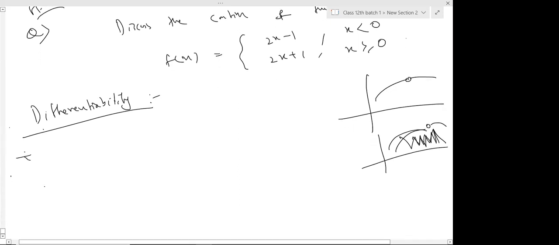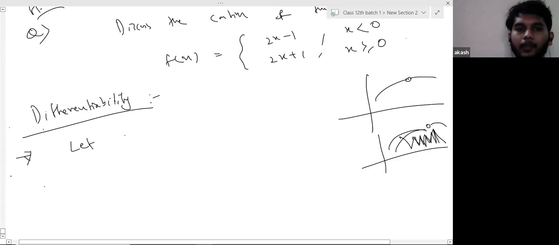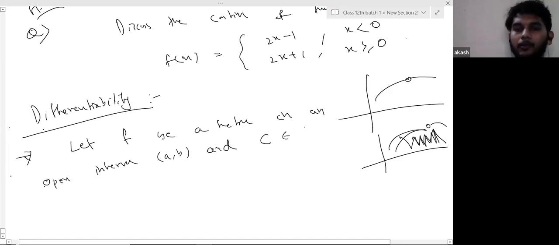All right, so write down the definition. Let f be a function in an open interval a to b and c belongs to a to b.